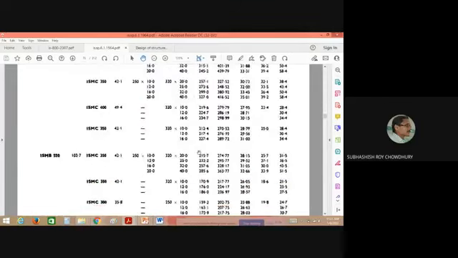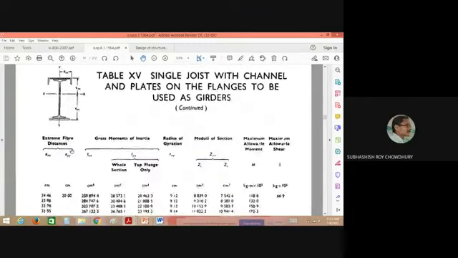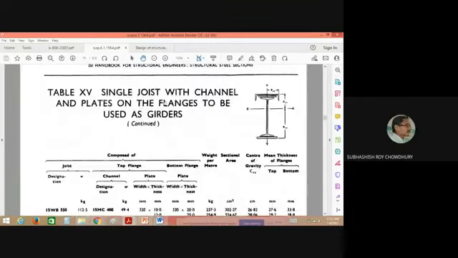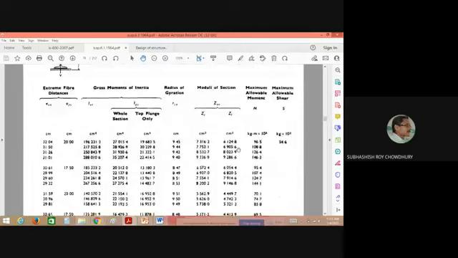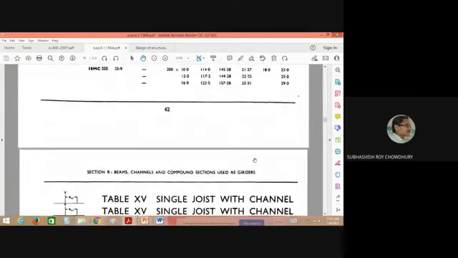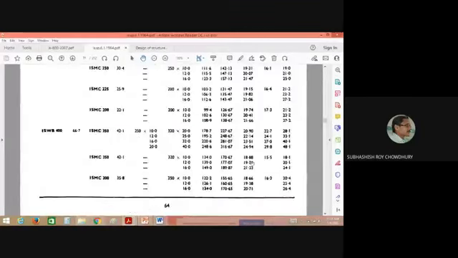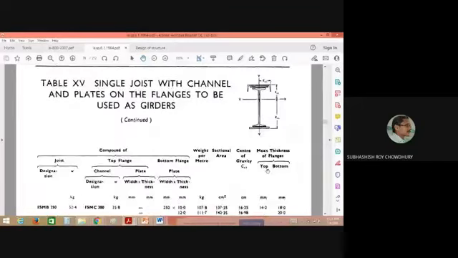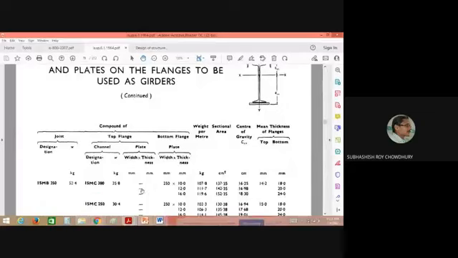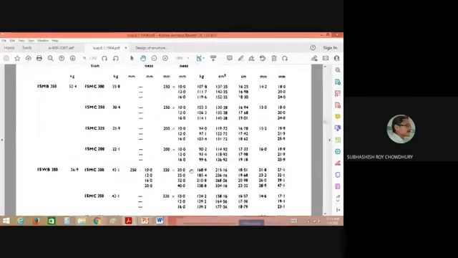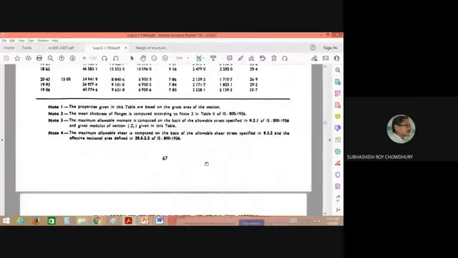Okay, so these are one way of preparing the compound section, etc. Another thing that I am trying to show you is available in SP6, and obviously in this case, depending on the plate thickness, depending on the top flange in case of channel, in case of plate, when you use different sections, the cross-sectional properties will change, and those changed cross-sectional properties are given here. So this is also one way of doing.